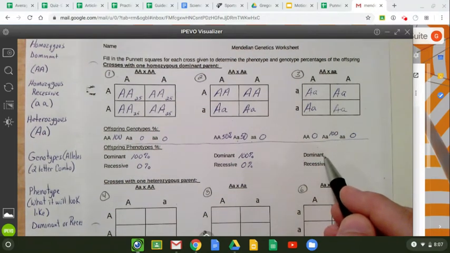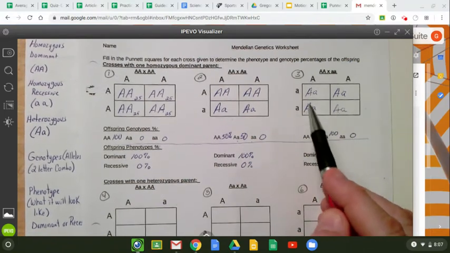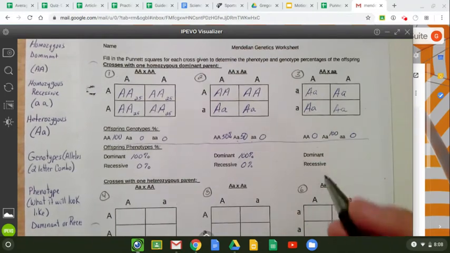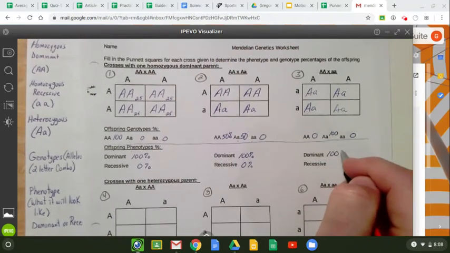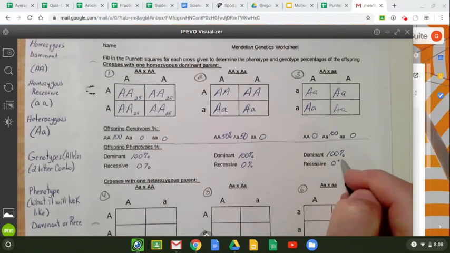Now, offspring phenotypes. What percent is dominant? Well, again, 4 capital letters represented in this Punnett square, 1 in each box, going to give us 100%, and then recessive, 0.